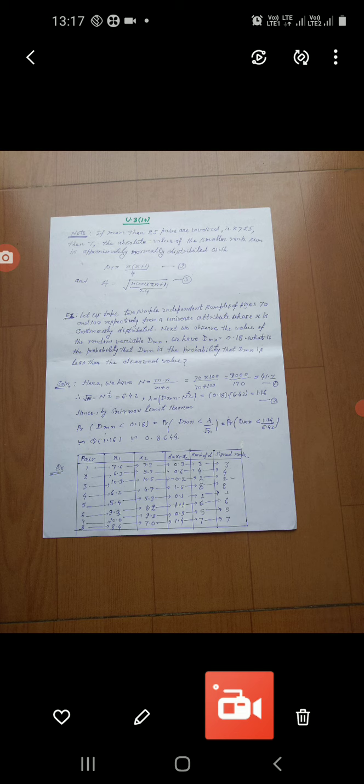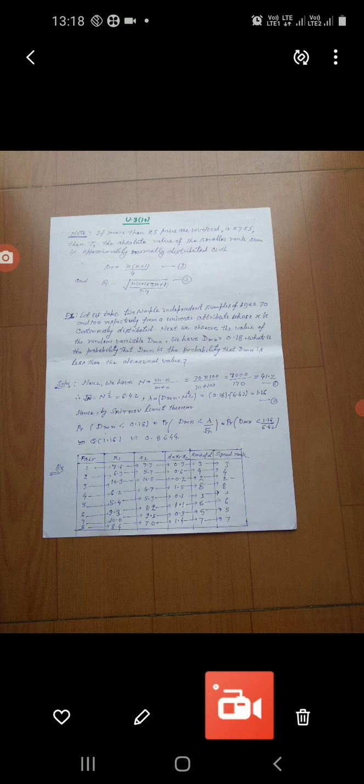We get 70 into 100 upon 70 plus 100, which is equal to 7000 upon 170, and after solving you will find its value equal to 41.2.